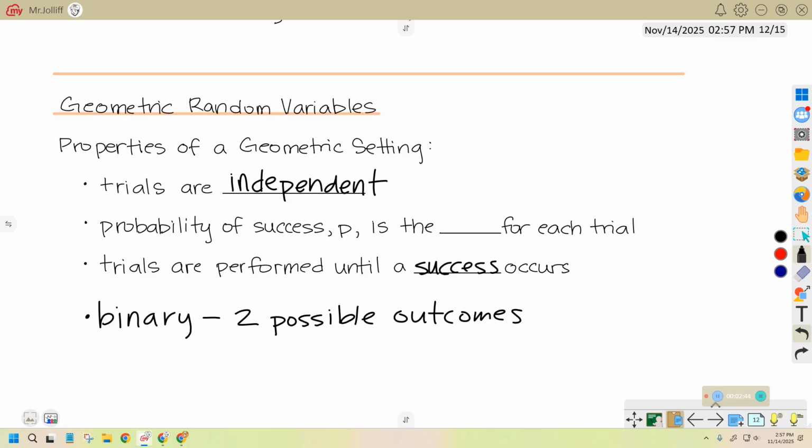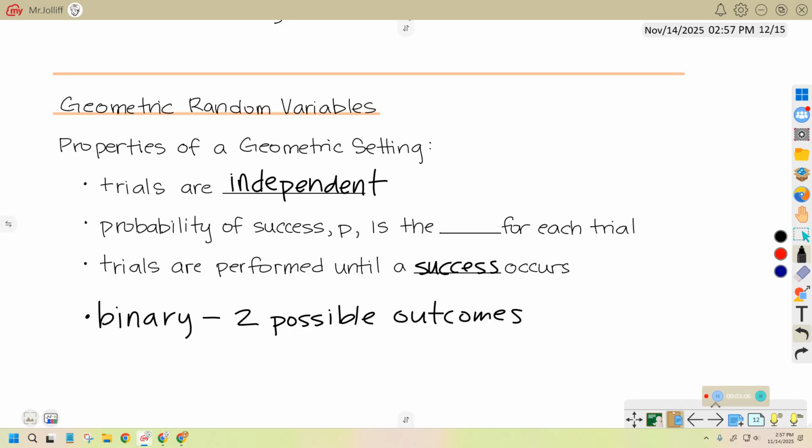So binomial has a fixed number of trials, and I keep track of the number of successful trials. Here, I keep track of the number of trials until a success appears. How many times do I have to flip the coin until I see a heads? How many times do I have to roll the dice until I see doubles?